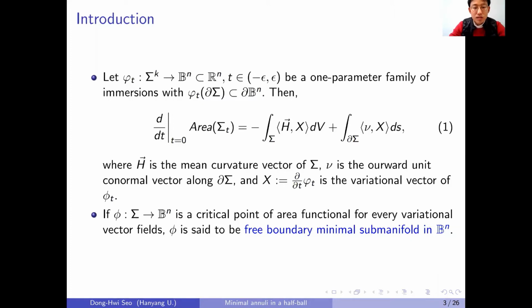And then if we consider the critical point of the area functional, we call it a free boundary minimal submanifold in the Euclidean ball. To be a critical point, the mean curvature should be 0, and also the outward unit conormal vectors are perpendicular to the boundary of the sphere.